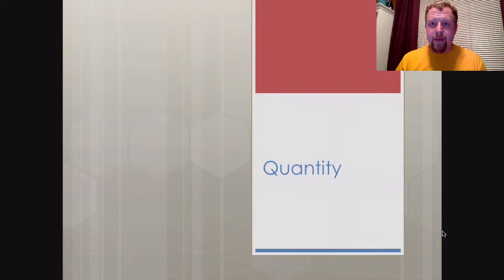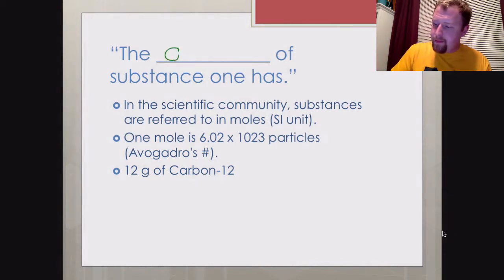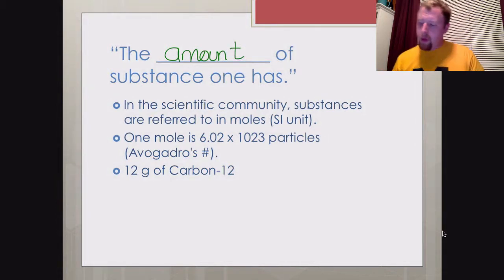Quantity. This is what we call a really neat thing. The quantity is the amount of substance something has. Now, in the scientific community, oftentimes in chemistry, we have to measure atoms.